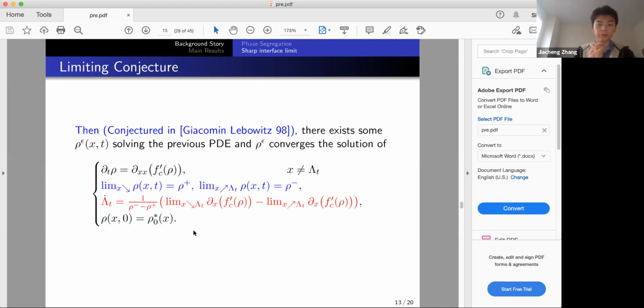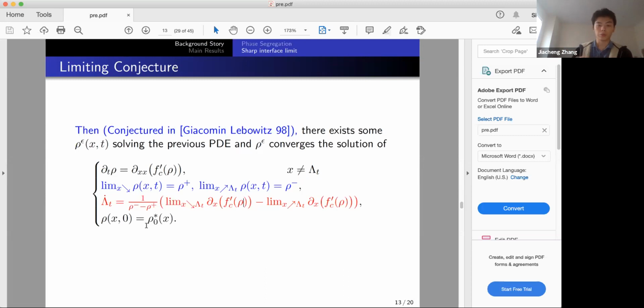limiting conjecture in the Giacomin and Lebowitz paper. And as Misha said before, basically the star 1 and star 2. So first of all, in our paper, our main result would be first to make sense of this equation, at least in some regime.